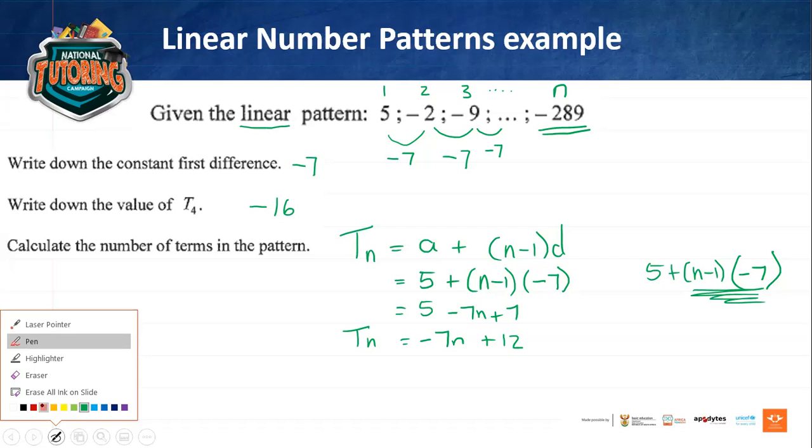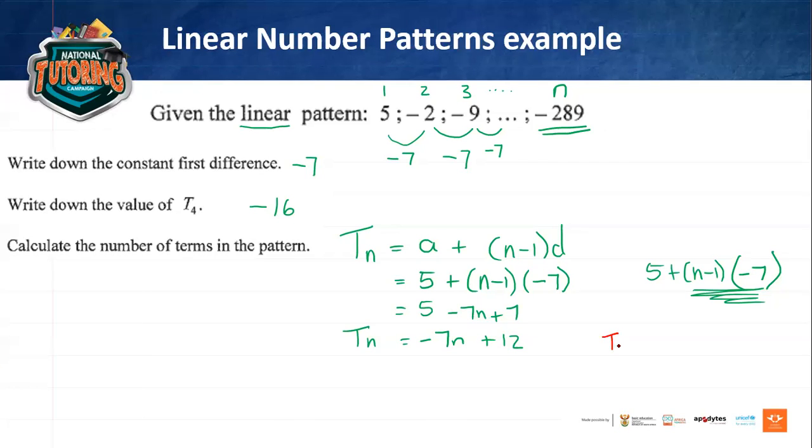T3, according to my pattern formula, is -7 times 3 plus 12. If you work that out, you get -9, which is exactly what we got in our third position. So I've done a check and I can see that this is in fact the correct formula.